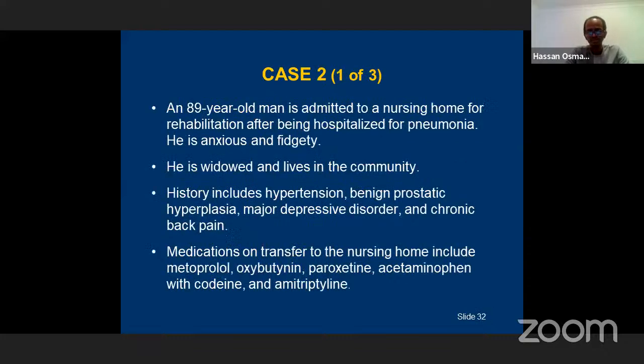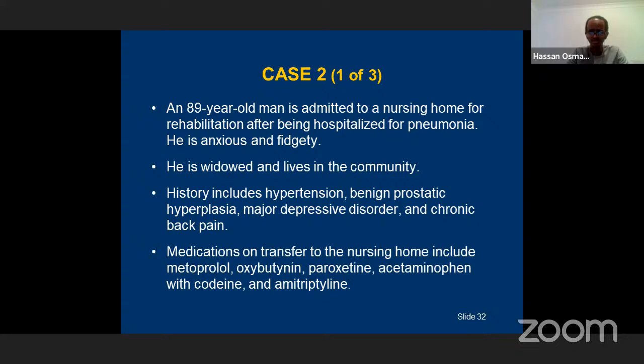So case number 2, an 89-year-old man admitted to the nursing home for rehabilitation after being hospitalized for pneumonia. He's anxious and fidgety. He's widowed and lives in the community. History includes hypertension, benign prostatic hyperplasia, major depression, chronic pain.